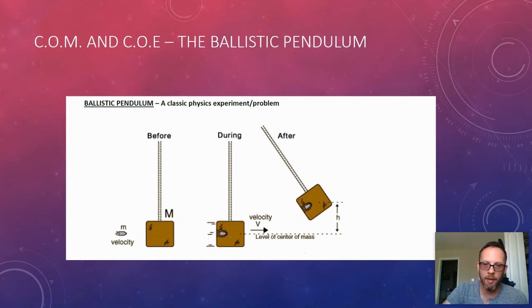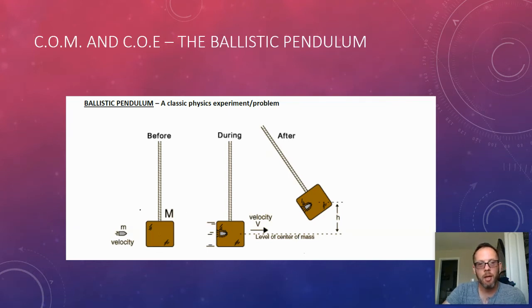And then when it does that, momentum is going to cause the pendulum to swing. And what you can do is, if given the speed of the bullet, you can try to predict what the height of the pendulum would be. And conversely, given the height of the ballistics pendulum, you can work backwards and determine how fast a bullet is shot at. So this can be useful in forensics analysis.